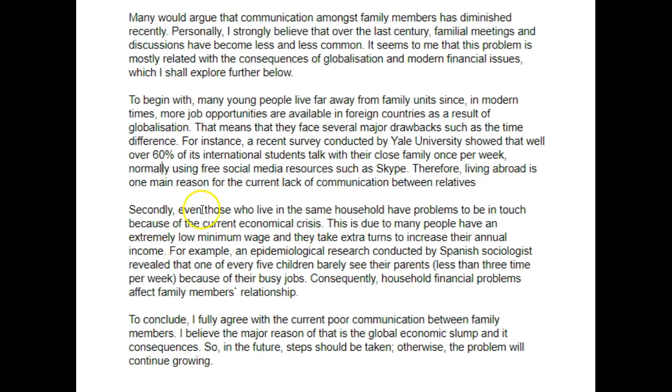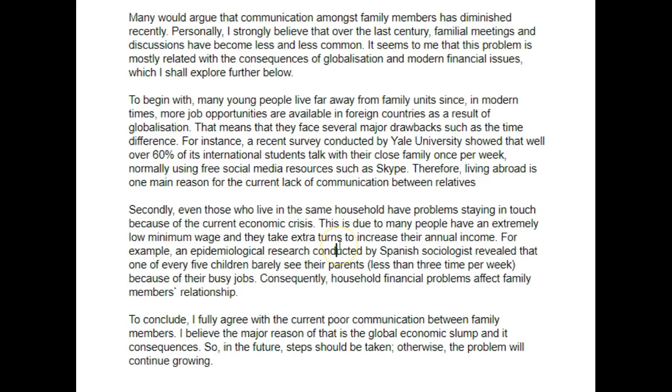So secondly, even those who live in the same household have problems staying in touch because of the current economic crisis. Economical is fine, but it would be said by an English person as this, the current economic crisis. This is due to many people.